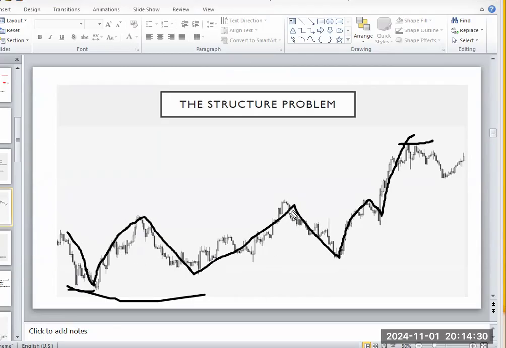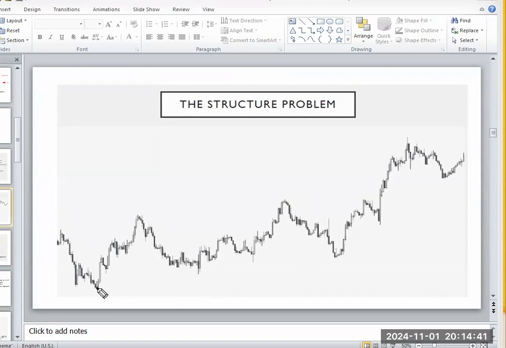But by the time you define it, somebody can define it like this, right? Another person can define it even more granular like this, like that, and then like this.